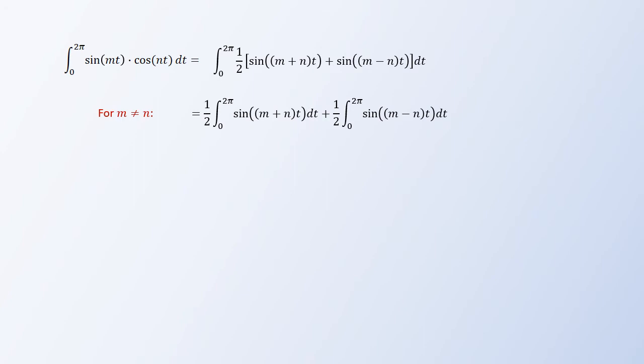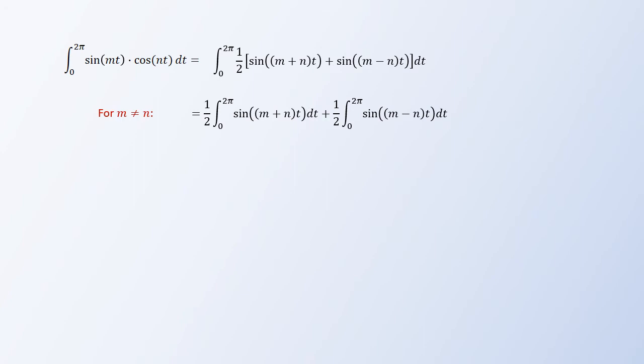And I'll also pull the 1/2 constant out on the outside of the integrals. So we have 1/2 the integral from 0 to 2 pi of sine of (m plus n)t dt plus 1/2 the integral from 0 to 2 pi of sine of (m minus n)t dt.